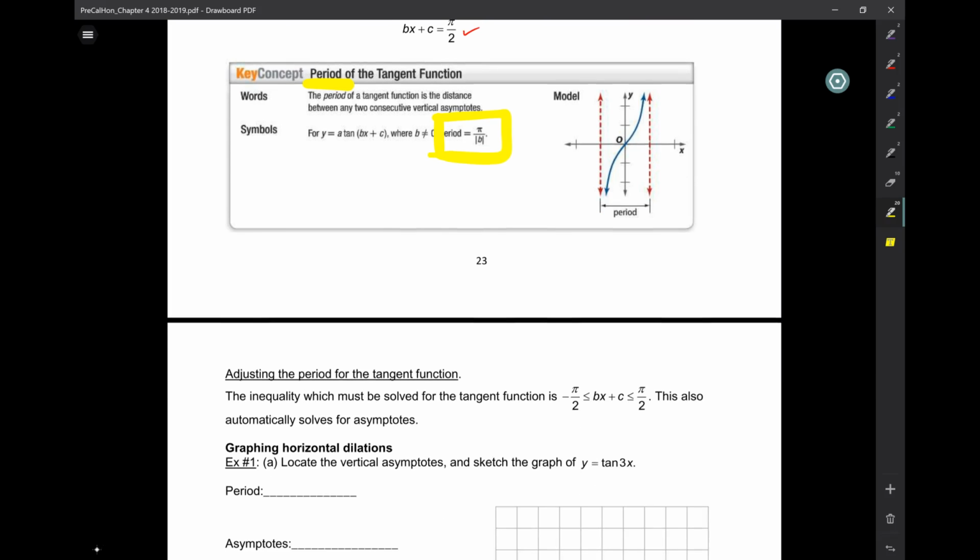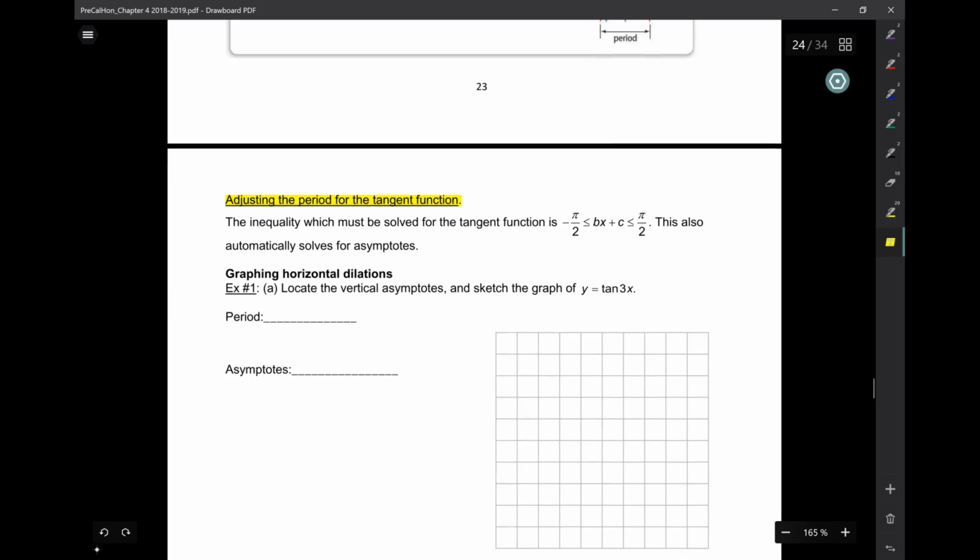Remember, for sine and cosine, we were solving the inequality from 0 to 2 pi of bx plus c. Here, in order to adjust for the period, we're going to solve the inequality from negative pi over 2 to pi over 2 of bx plus c.